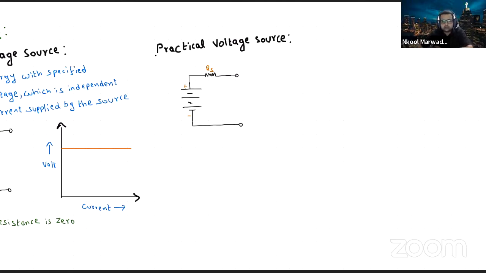This is the voltage source. And the graph will not be a straight line. The graph will be like this: with the current, the voltage drops.